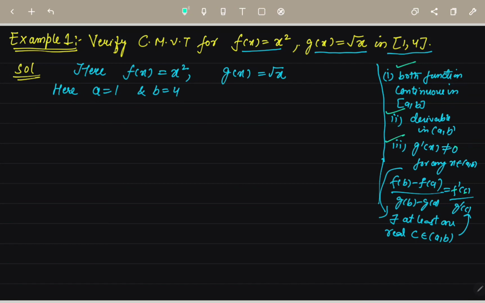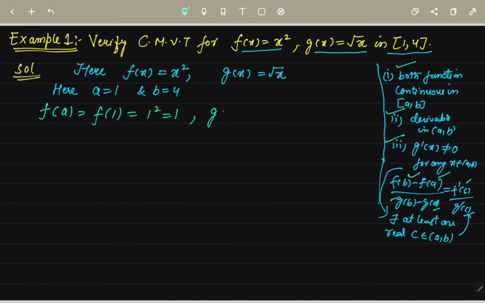So now here a is basically 1 and b is equal to 4. So first of all I will find these values, that is f of a, f of b, g of a, g of b, f dash c, similarly g dash c. So I will write here f of a, which is equal to f of 1, and this is equal to 1 square, which is equal to 1.